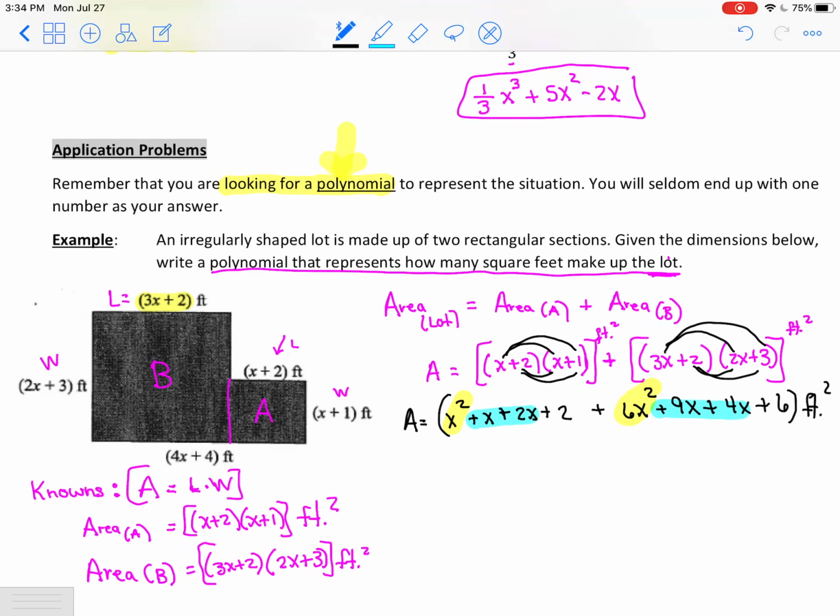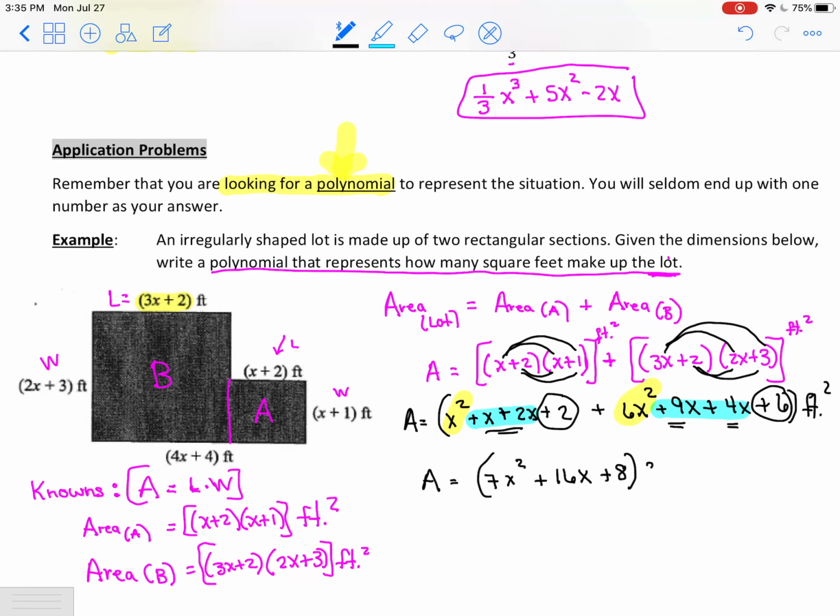And then I got some numbers, and I'll just leave those without some highlighting. So we've got x squared, so 1x squared basically plus 6x squared. That is going to give me 7x squared. And I've got 3 x's over here, plus 9 is 12, plus another 4 is 16 of them, so plus 16x. And then I've got a 2 plus a 6, which is going to give me 8.